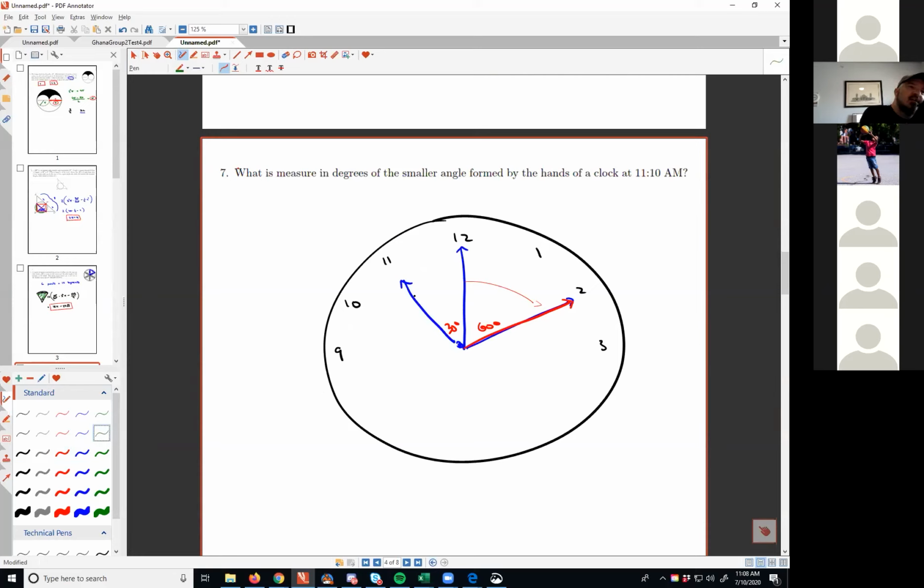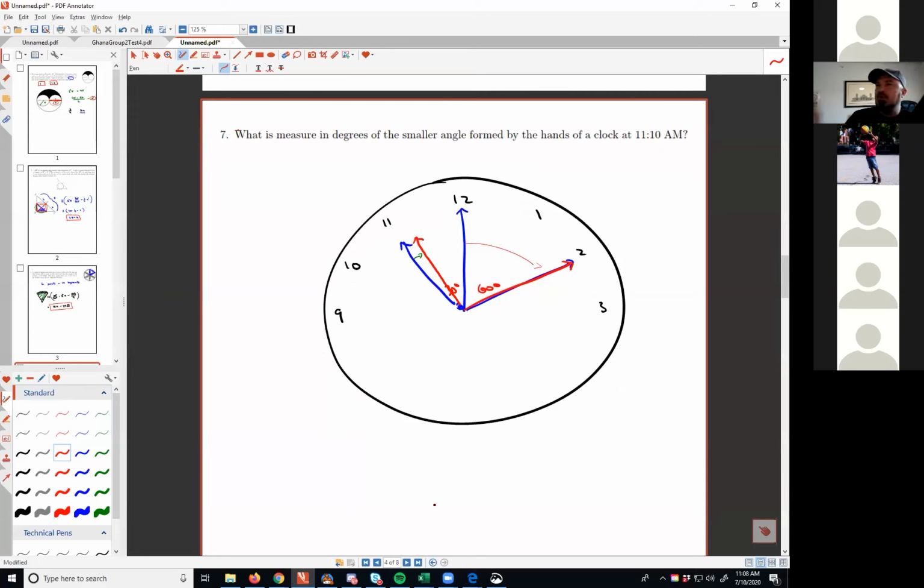And then the smaller hand moves more slowly. In particular, the speed of the smaller hand is 1/12 of the speed of the longer hand. So if the longer hand moves 60 degrees, the smaller hand moves 5 degrees.